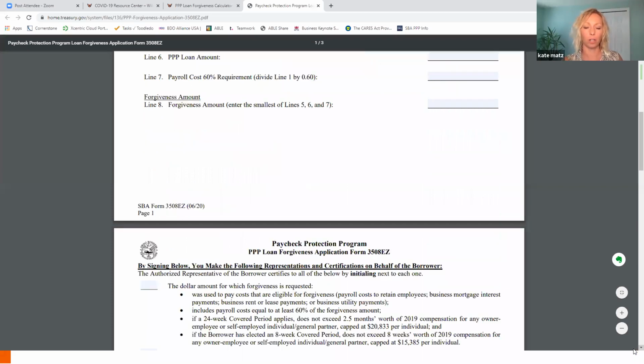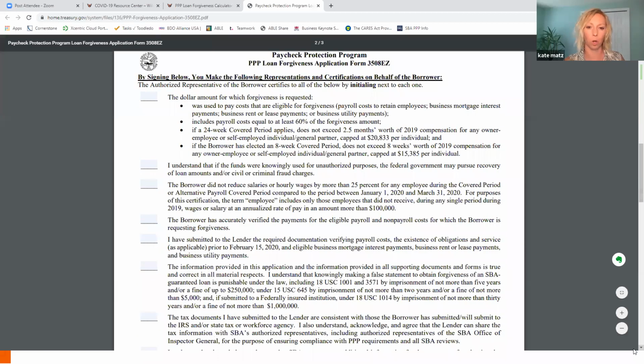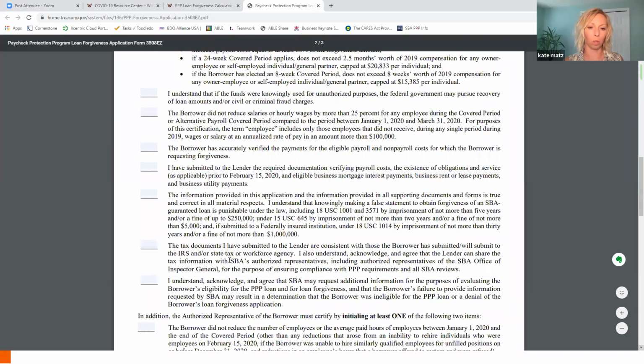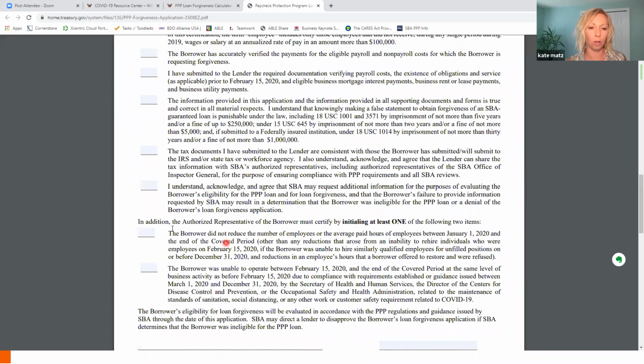The certifications then on page 2. The only real difference here is at the bottom when we're looking at the FTE certification. In our Company A scenario, they initialed this first one, that they did not reduce the number of employees or average paid hours. Our Company B is actually going to fall under the second one.